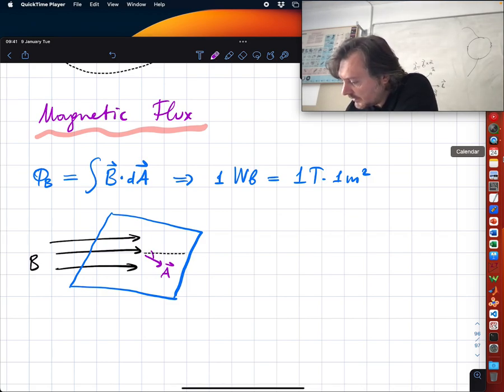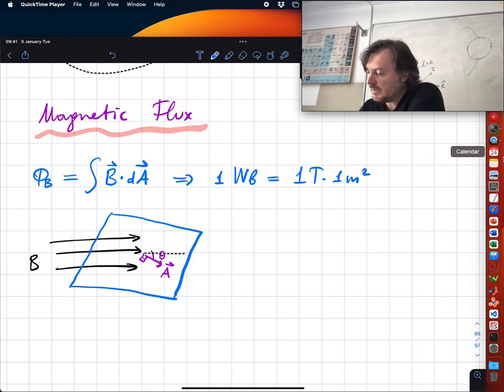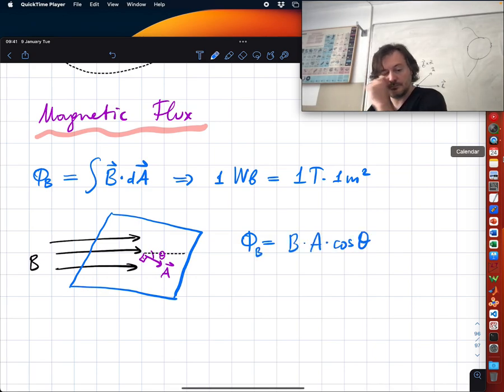Let's say this is theta. Are you following? Then the magnetic flux will simply be BA times cosine theta. Okay?